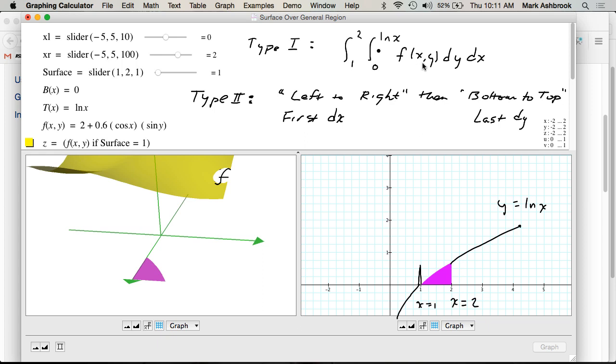And then what also is going to happen is we're going to be integrating with respect to x first, and then with respect to y, and in the end, we'll get a function of x, right? We should get a number. So we have to have our functions on the inside integral, and constants on the outside for this to work.